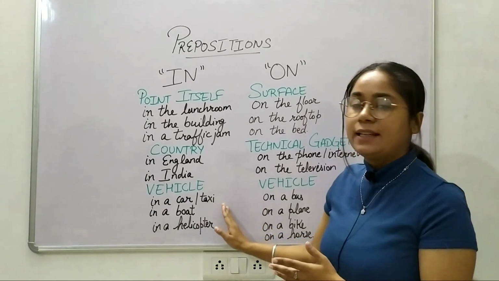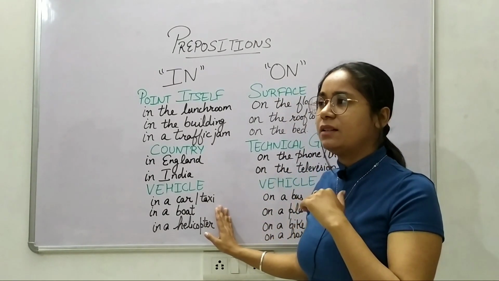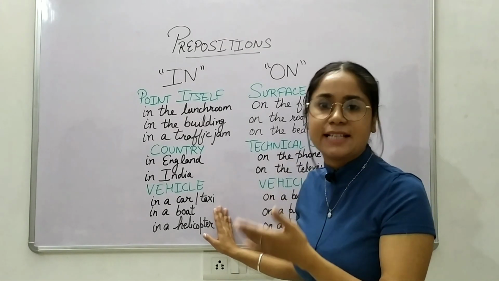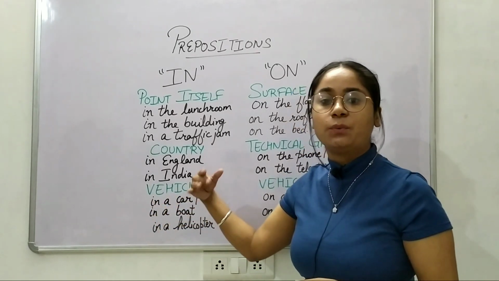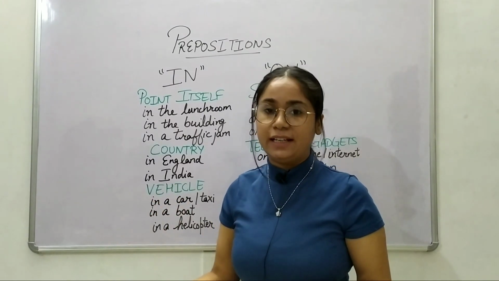That means in a car, we can only comfortably sit, but can we randomly move inside the car or in a taxi? No. So we use in for a vehicle in which we cannot move or roam freely.